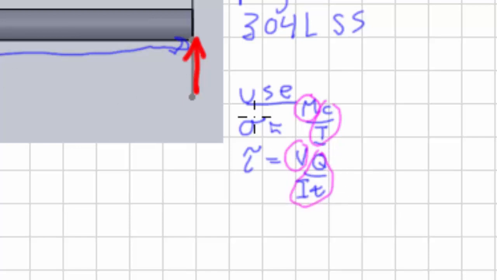And we relate the stresses to the material. So you'll always have in these types of problems a material characteristic, a loading characteristic, and a geometry characteristic. So we're not given a whole lot of these things, so we're going to have to figure these out. Okay, so for M and V, we are going to have to use our shear force and bending moment diagrams.